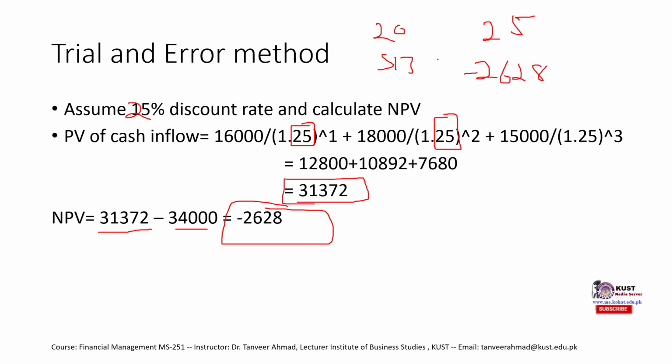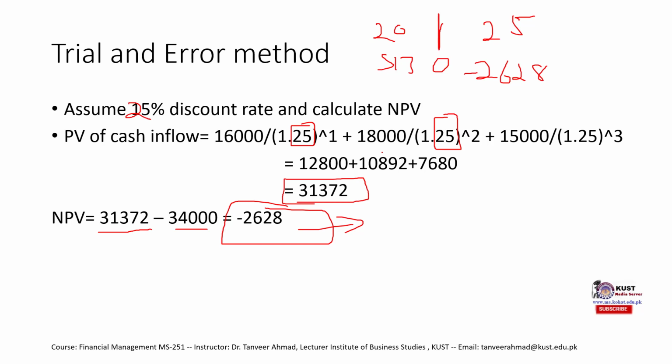So we know that 0 would lie somewhere between 20 and 25, probably around 21 or 22. So again we need to try 21 or 20.5 or 22, so we'll have to keep on trying till we get the value of 0 or almost 0, because we are rounding off the decimal points.